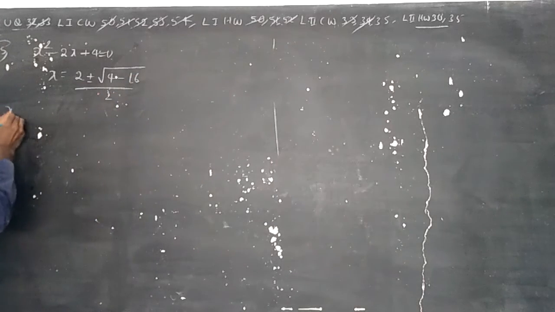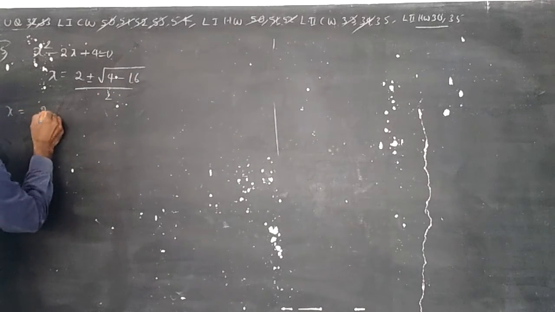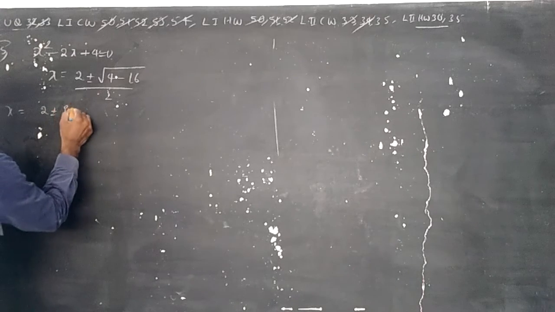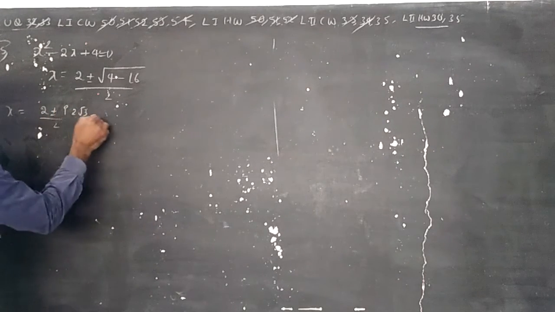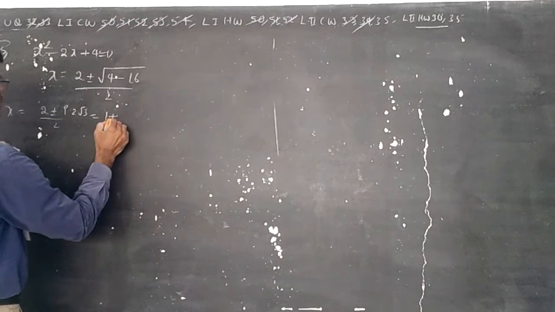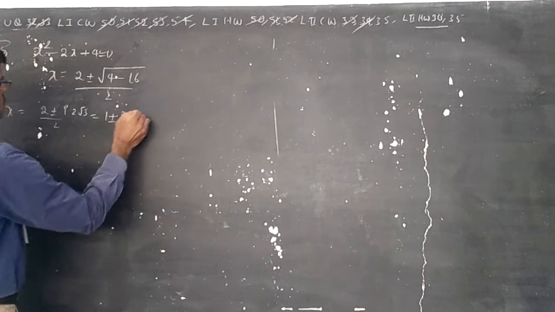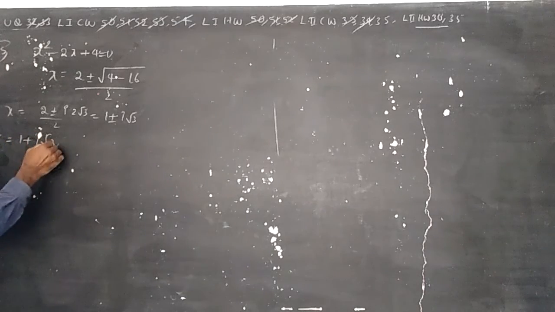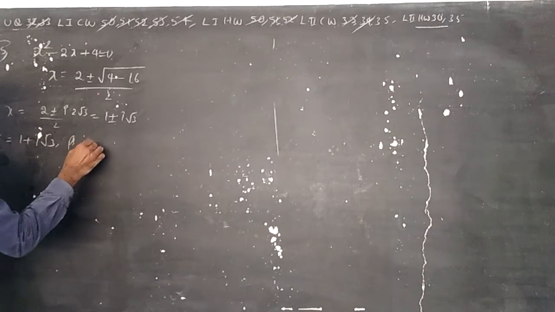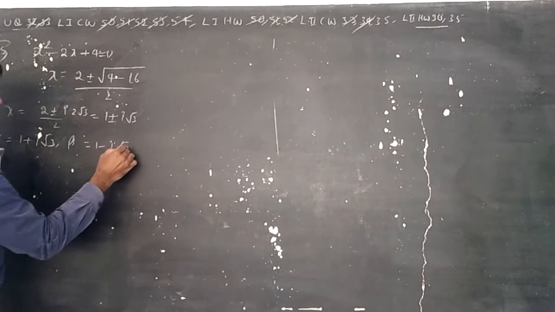Of course, x = (2 ± i·2√3)/2, that is 1 ± i√3. So α = 1 + i√3, β = 1 − i√3.